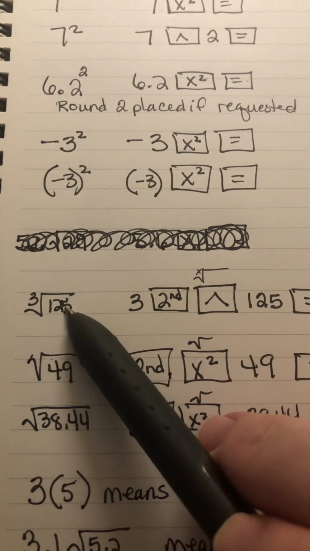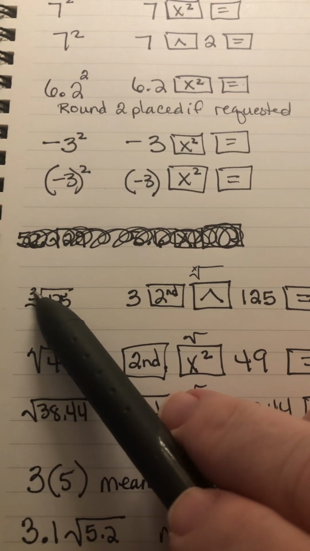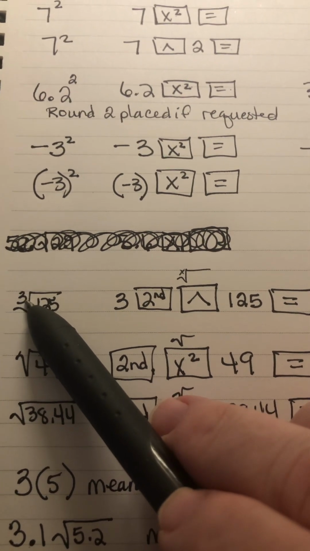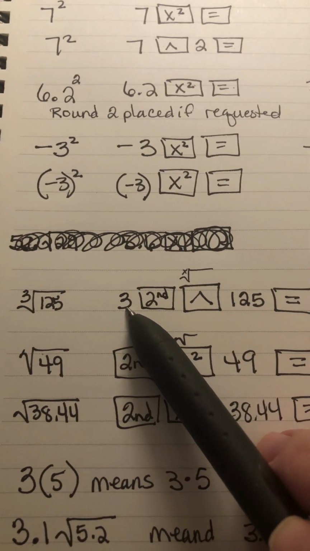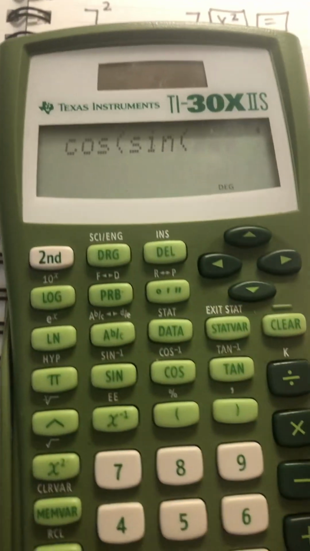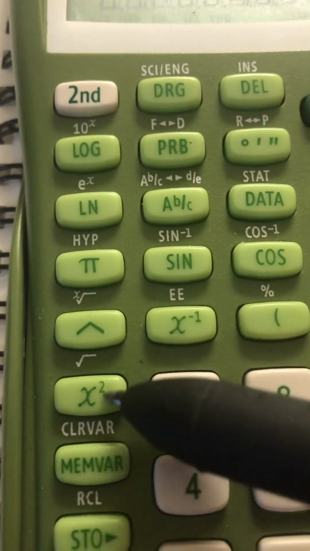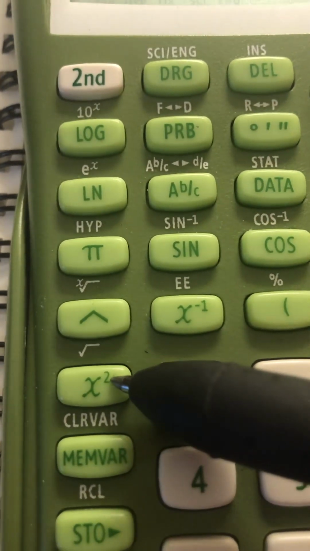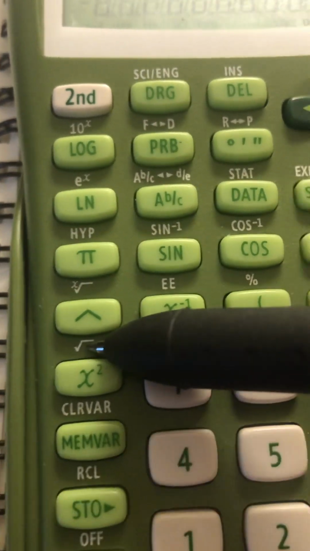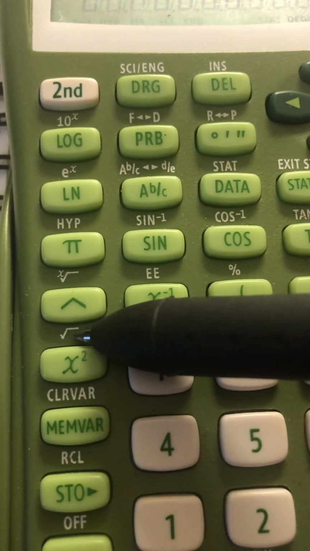So the cube root of 125, how do you find that on your calculator? Well, you're going to put in what your index is, or what we also know as an exponent if it's on the base number. You're going to put that in first. Then you want the second feature of one of your keys here. Notice that above the x squared key, and mine's white, and yours might be a different color, it has that radical symbol, the square root.